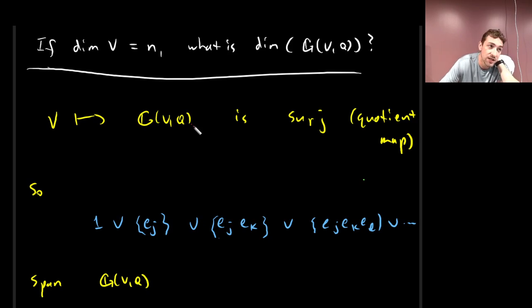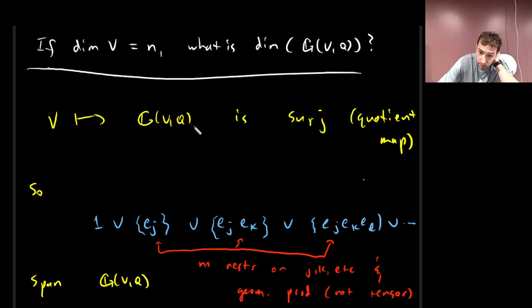Well, we'll see in 0 seconds that the two relationships, the ability to swap orders of different orthonormal basis elements, and then the reduction that will happen if you get two of the same next to each other, are going to now make this at least finite dimensional. So to start with, I've got no restriction on the J's and K's here, right? This at least spans. And notice here, I'm not writing the tensor product like I did a second ago. This is now the geometric product. Usually with the geometric product, we just write things right next to each other. So this is EJ geometric product with EK.